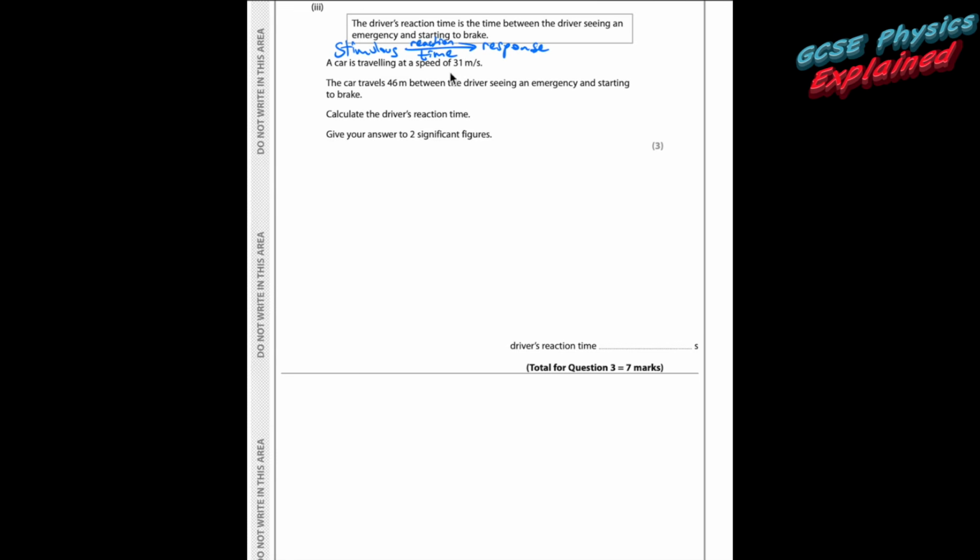A car is travelling at a speed of 31 meters per second, that's our speed. The car travels 46 metres, that's our distance, between the driver seeing an emergency and starting to brake. Calculate the driver's reaction time. So we want the time. Give your answer to two significant figures.